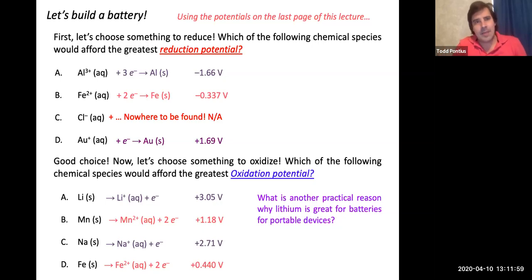So lithium is element number 3. Can anybody think of another reason why lithium might be good for portable electronics? It's really easy to oxidize, so it's very favorable. It's great in redox reactions. But from a practical standpoint, why would element number 3 be useful in a portable electronic?